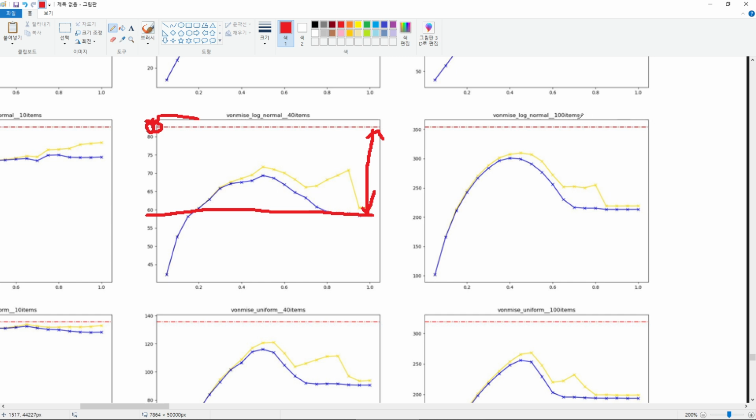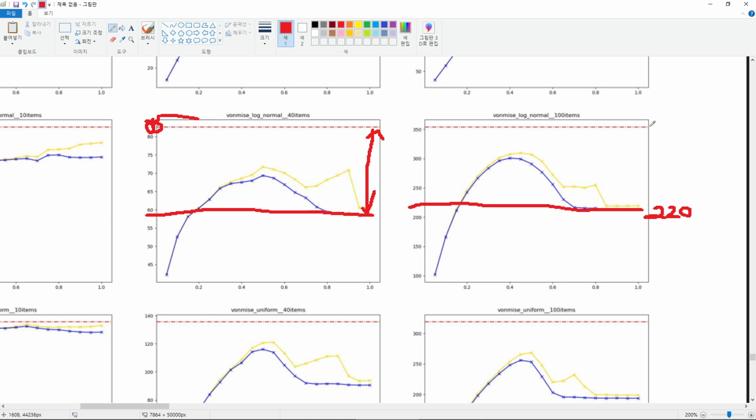Here, with 100 items, using von Mises and log normal, von Mises for the utility values and log normal for the constraint values, the plateau level is above 200, maybe 210, 220-ish.